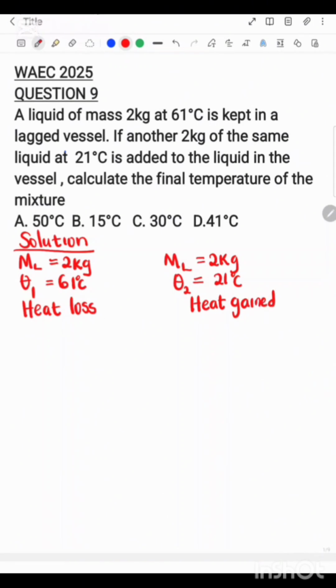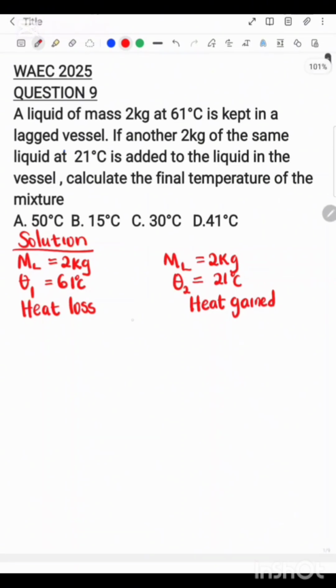Okay, and these two things will continue until there is a stable temperature. So 61 degrees Celsius will continue to lose heat to 21 degrees Celsius until there is an equilibrium. They both reach a particular temperature, which is the final temperature we are asked to find here. So I will denote the final temperature with theta 3, and this is what we are asked to find. At this temperature, none of the liquid is gaining or losing heat.